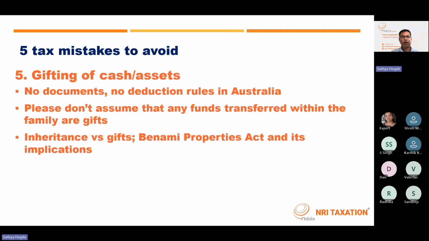There are other points which you can look at in gifting. Grandparents gifting FDs and money to grandkids who are Australians, right? They usually give birthday gifts and keep it in the bank account. Then you won't realize that these FDs are in the name of Australian citizens.